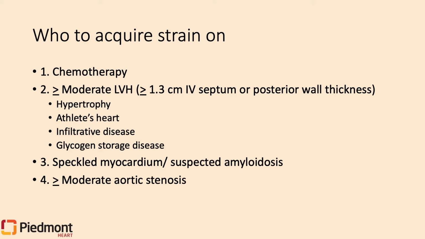So while this is not part of our current guidelines in terms of using strain as a criteria to refer patients for aortic valve replacement, I wouldn't be surprised if this was incorporated in the future, because we are seeing that reduced strain in valvular heart disease can portend a poor prognosis. So these are the 4 patients we'd like you to absolutely try to obtain strain on.